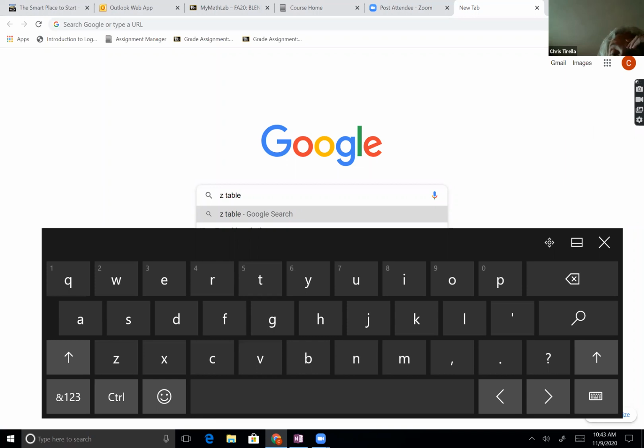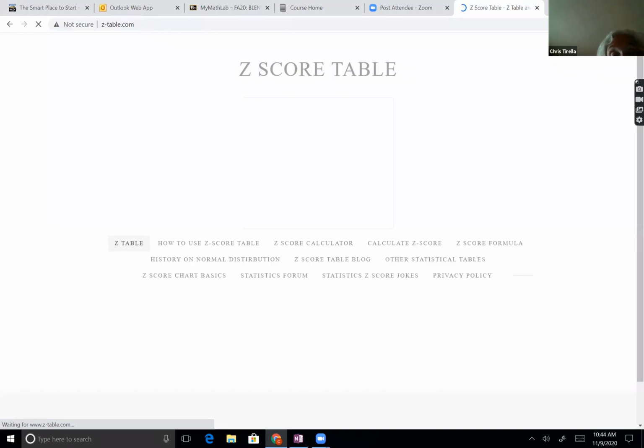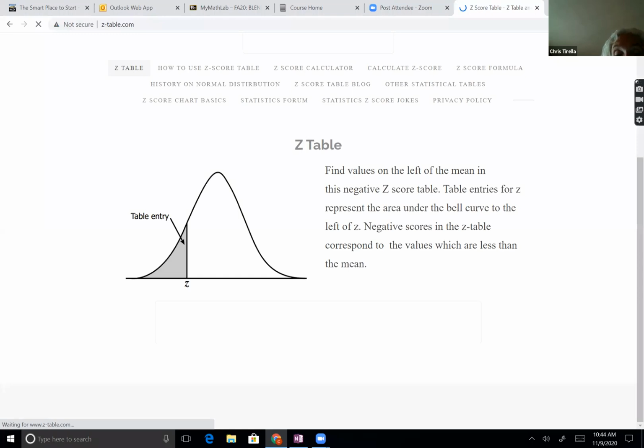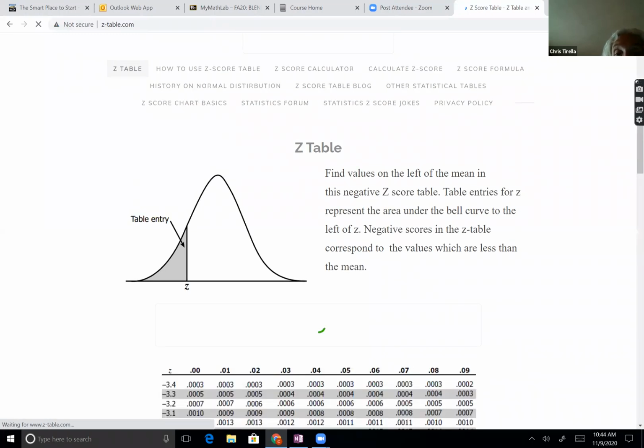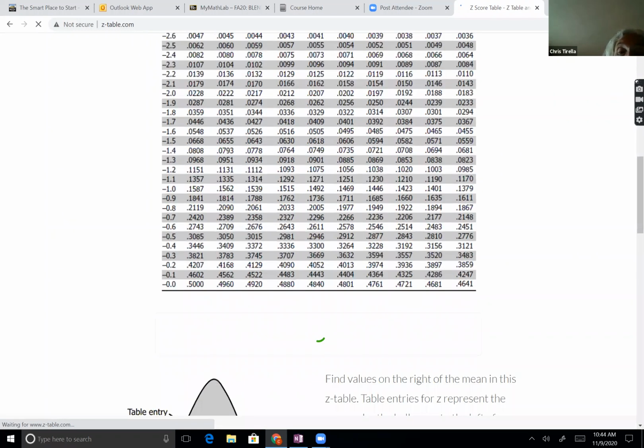This is what somebody taking a statistics class would be given: a z-score table that gives you the percentages for a normal distribution, depending on how many standard deviations you are away. If you look at this table, this is the negative half, and then I'm going to scroll up. This is the positive half.